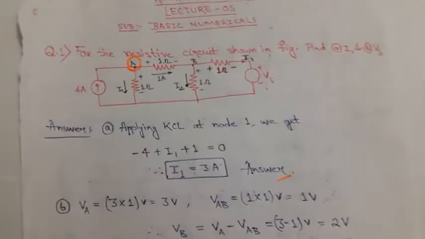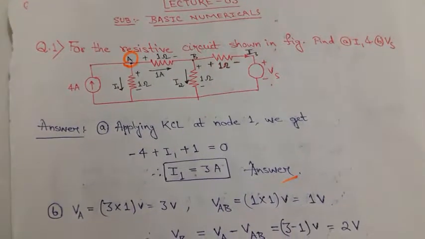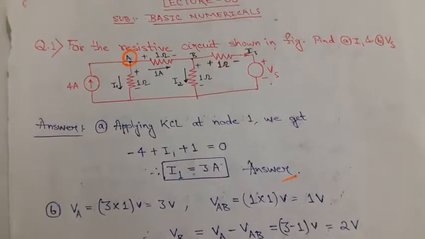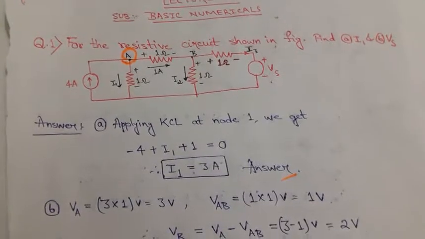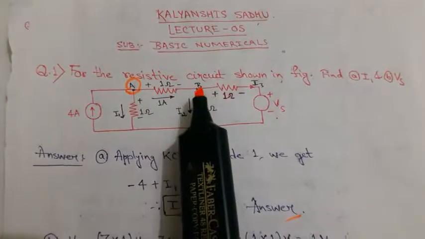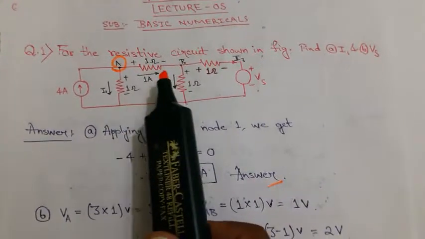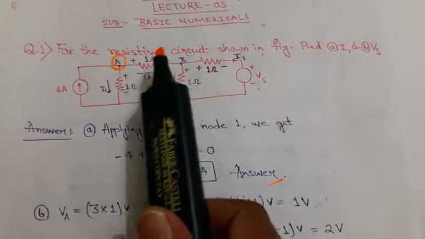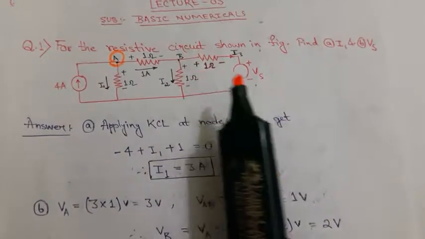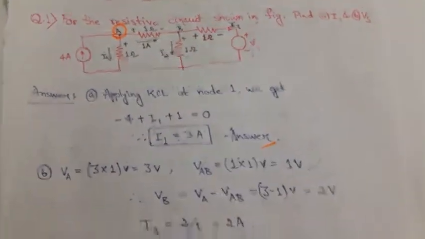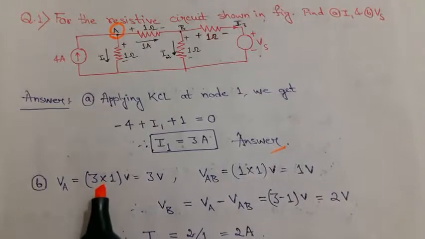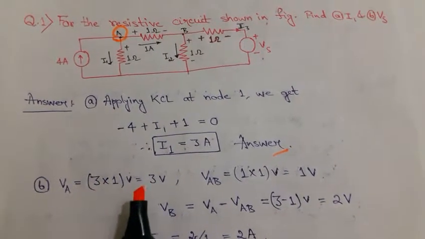Now in the question it has been asked what is the value of Vs. To find the Vs, I first find the VA, the voltage across here, and VAB, that is the voltage drop across this 1 ohm resistor, and then I can find the VB, and then finally I will find the Vs. So first, VA is 3 into 1, that is 3 volt.